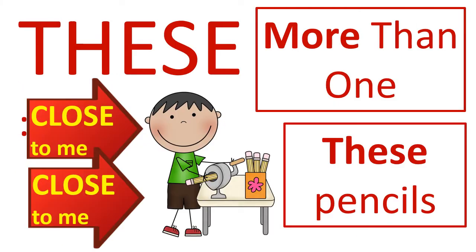When we are talking about more than one person, place, or thing that is close to me, we say these pencils. So notice in the picture, there's more than one pencil that is close to the boy. He is holding one, and the other three he can touch, he can reach.